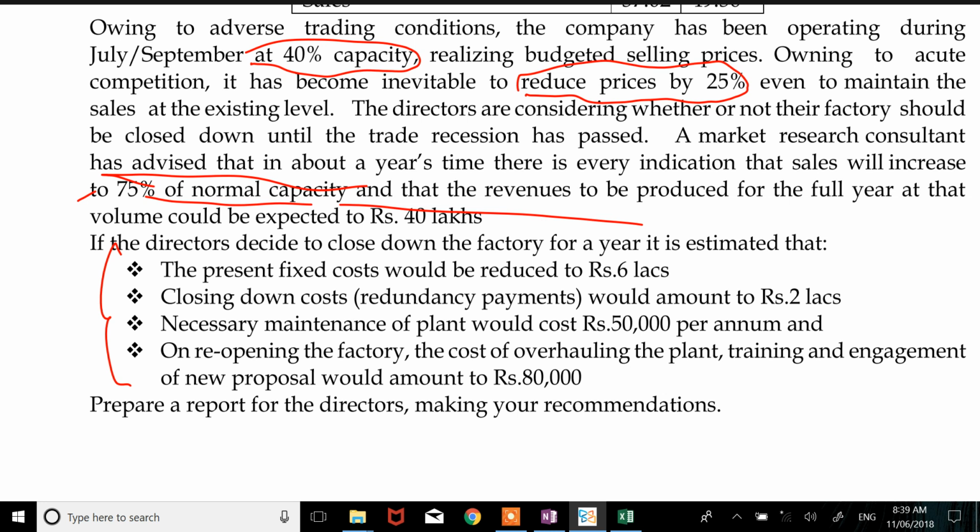If you shut down the factory, what is going to be the loss? The amount of loss which the company will incur if the factory is shut down. Read it carefully.